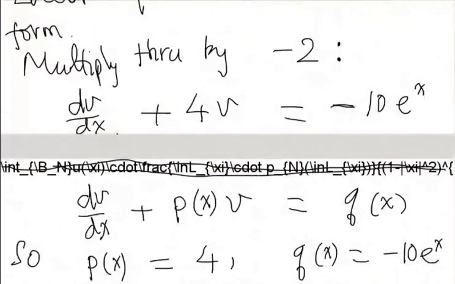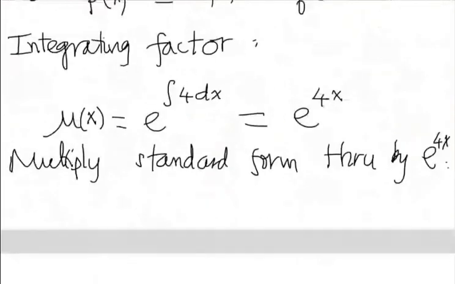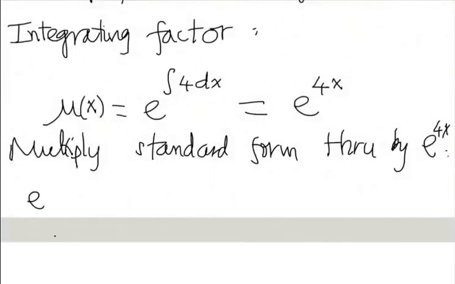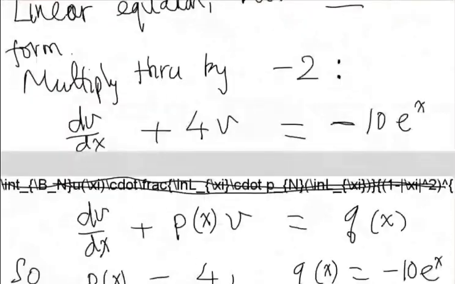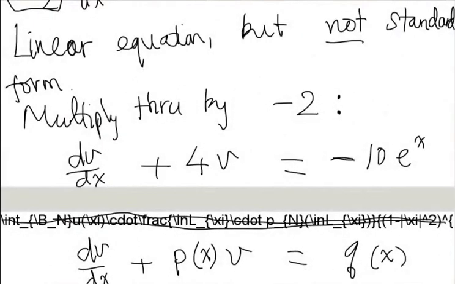The standard form is right here. So the left hand side becomes e to the 4x dv dx plus 4e to the 4x v, equal to minus 10 e to the 4x times e to the x, which is already there, right here.